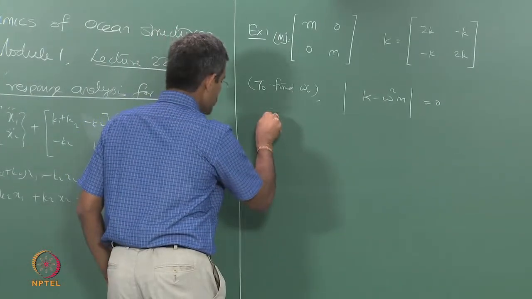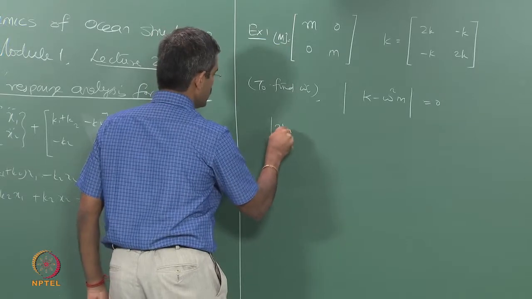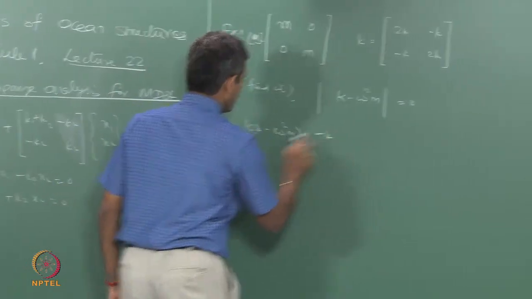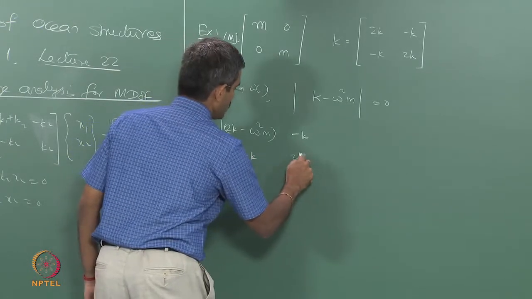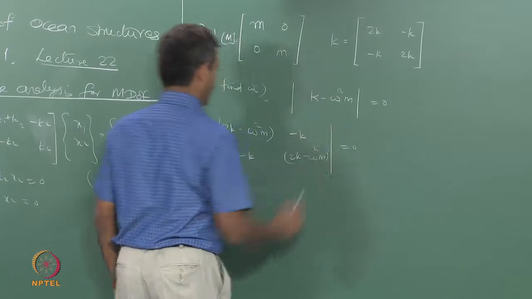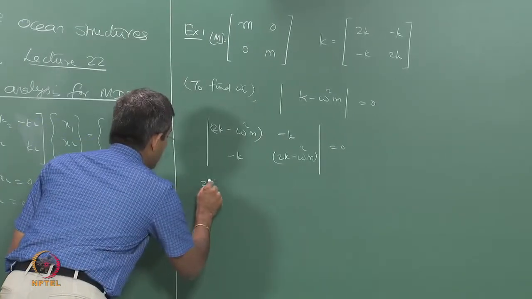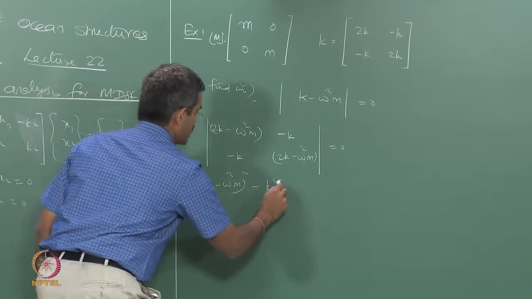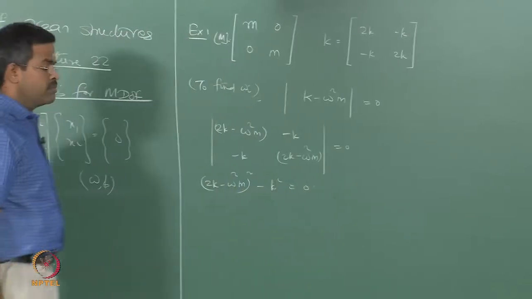So, the determinant of 2k minus omega square m, minus k, minus k, 2k minus omega square m should be set to 0. When I expand this, 2k minus omega square m the whole square minus k square should be set to 0.